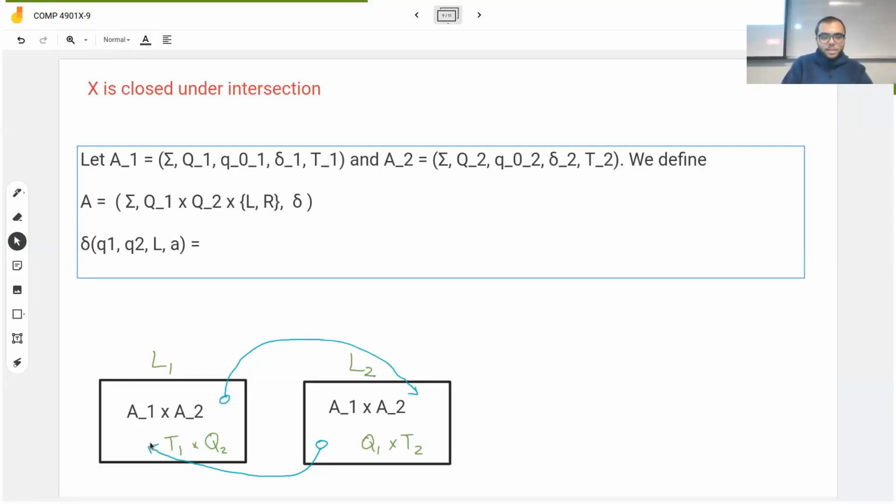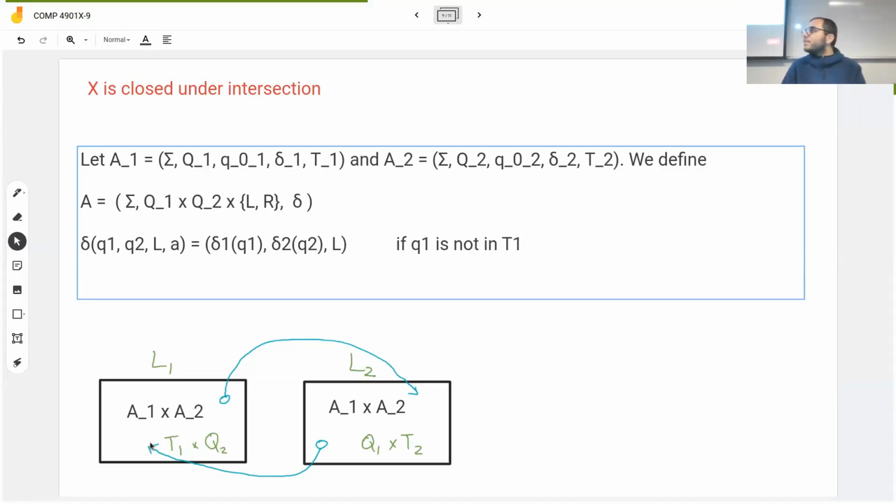So this is going to be delta 1 of Q1, delta 2 of Q2, and remain on the left side if Q1 is not in T1. Right? So if I'm on the left-hand side and I have not reached a target of my first automaton, I'm just going to simulate both automata and just continue.